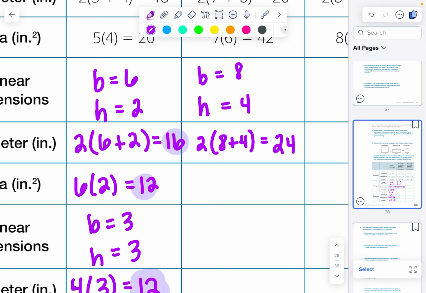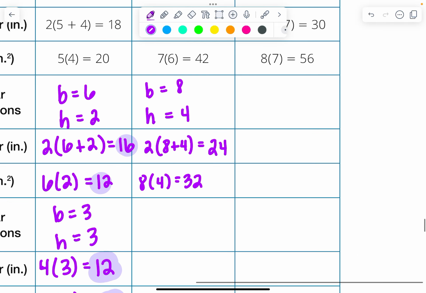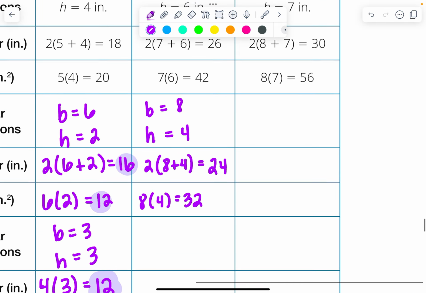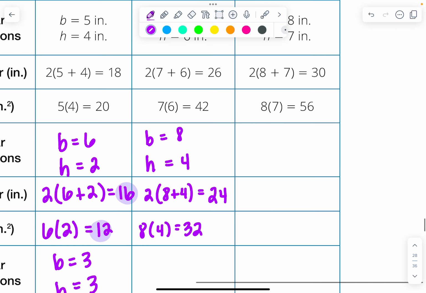And then we want to go ahead and do the area. We want to multiply 8 by 4, and that gives us 32. Then, if we add 3, 6 plus 3 is 9, 2 plus 3 is 5.